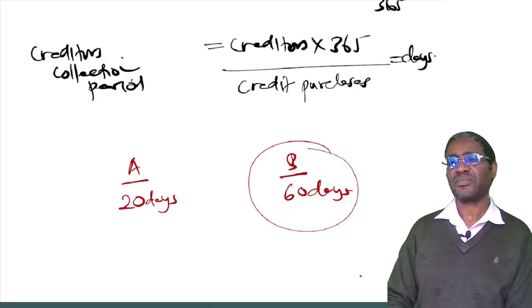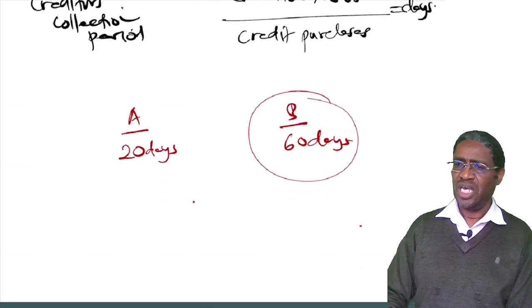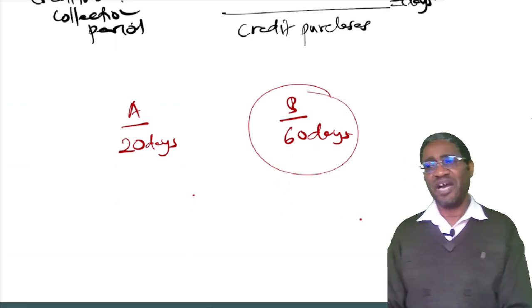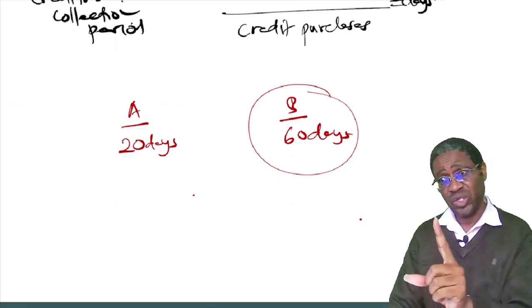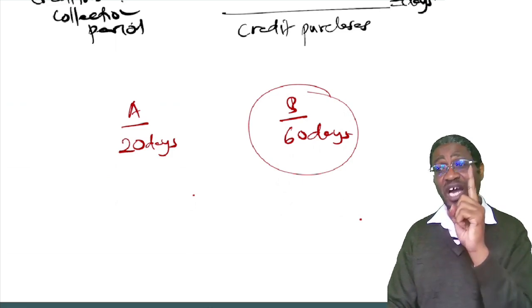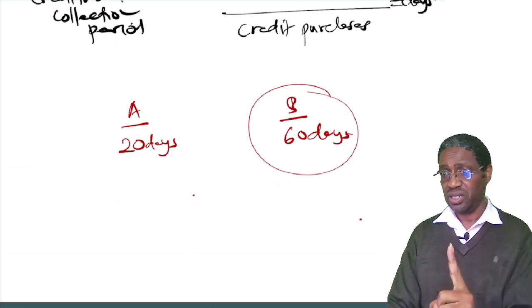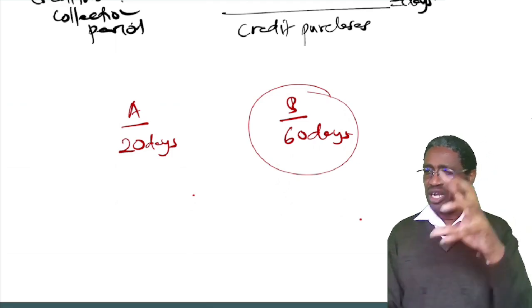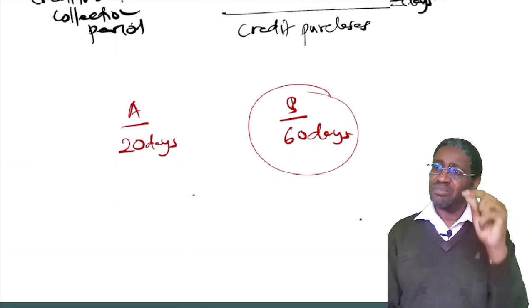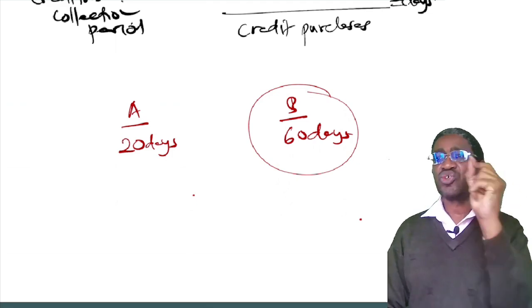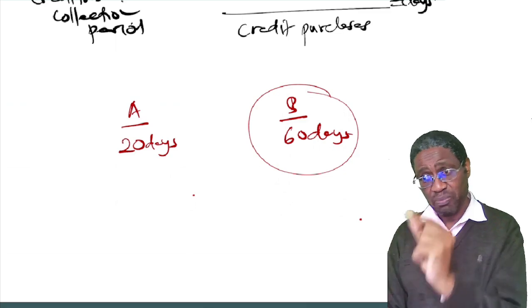One, if you buy goods from company B, they have given you enough time to make arrangements for payment. That's one. The longer the period, the better the firm, because it gives the company enough time to make arrangements for payment.